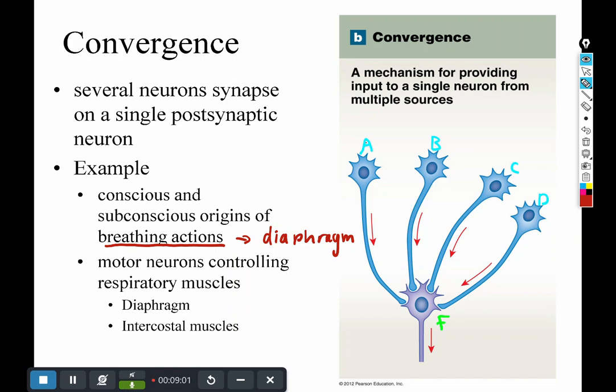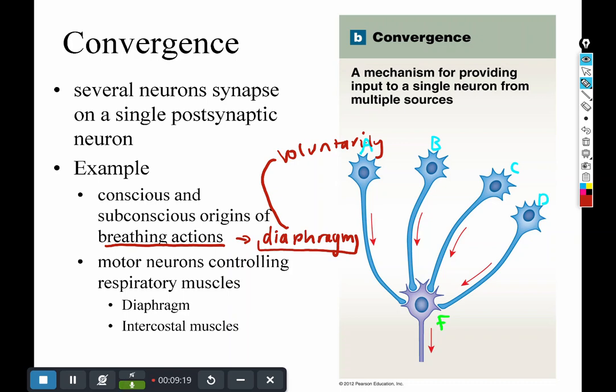So convergence states that a number of inputs are going to determine whether you are controlling your diaphragm voluntarily or involuntarily.